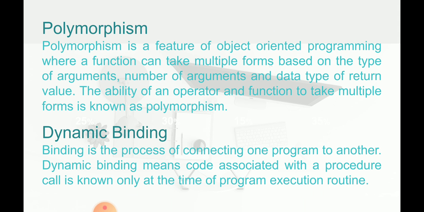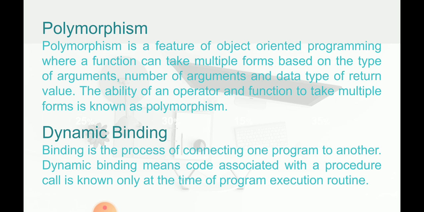Next concept is polymorphism. So what is polymorphism? The ability of an operator or function to take multiple forms is known as polymorphism. You know, poly means many. The different types of polymorphism are operator overloading and function overloading, the same concepts I explained before.